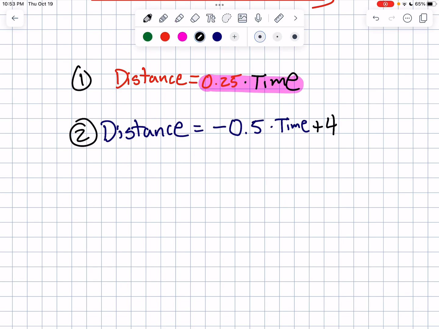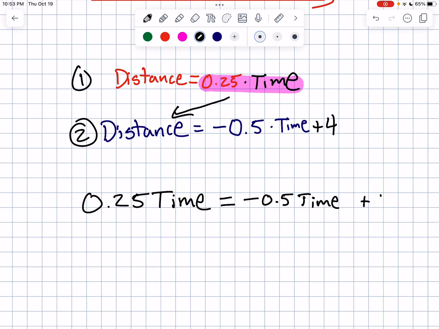Because both cars are going to crash at the same distance, I can plug this formula in for the distance in equation 2. So I'm going to end up with 0.25 times time equals negative 0.5 time plus 4. Look at that.